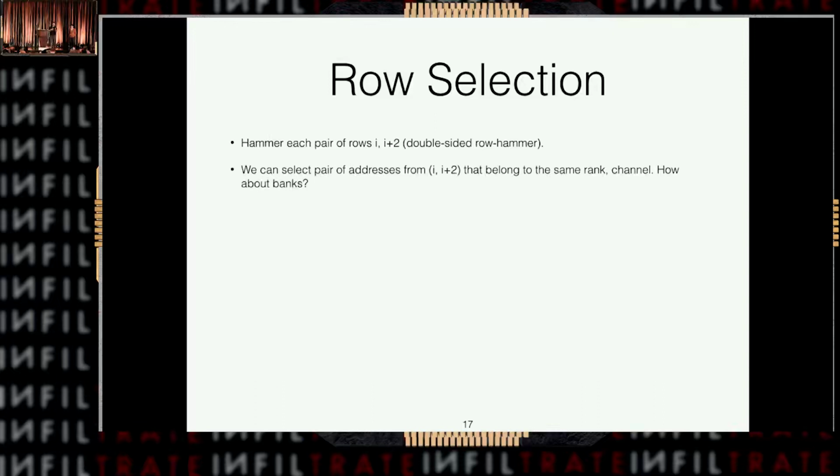The XORing scheme in the address mapping makes it a little bit challenging to select a pair of addresses that belong to the same bank. And actually we can't; we can simply reduce the number of matching banks.